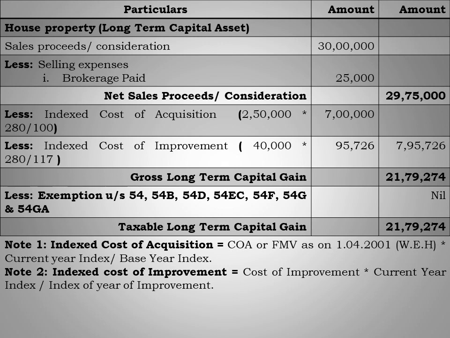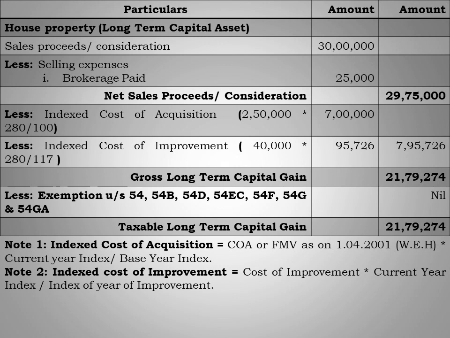And the outcome will be considered as the gross long term capital gain, that is rupees 21,79,274. So whether they have claimed any kind of deduction under section 54 to 54GA, there is an absence of information regarding the exemption the assessee has claimed. So therefore the exemption under section 54 to 54GA will be considered as nil.